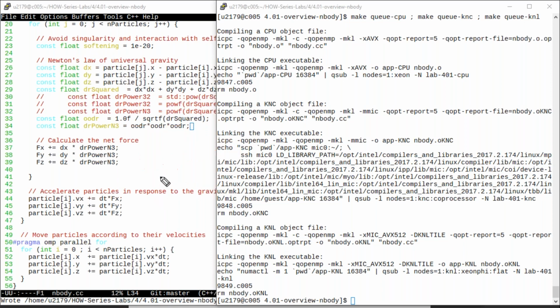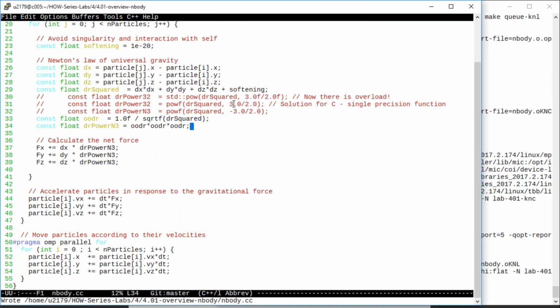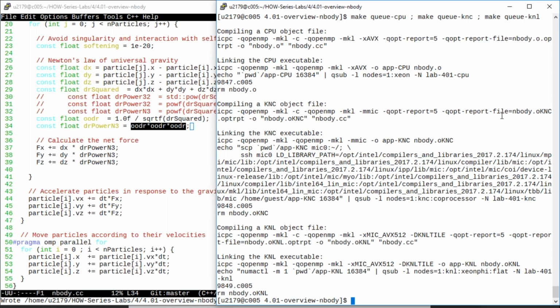We were using the power function in a degenerate case. We were raising something to power 3/2, which is equivalent to taking a square root and then cubing it. The compiler might have performed this replacement automatically, but I am not 100% sure.